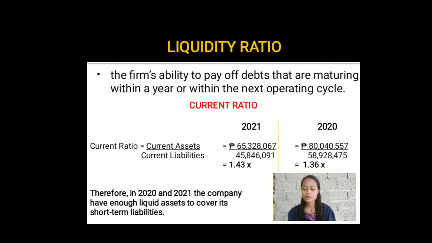For the year 2021, the current assets is 35,328,067 pesos divided by 45,846,091 pesos, which equals 1.43 times. This means that in 2020 and in 2021, the company has enough liquid assets to cover its short-term liabilities.